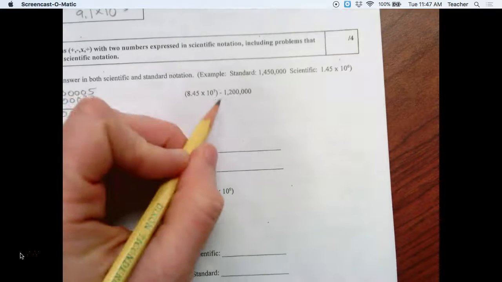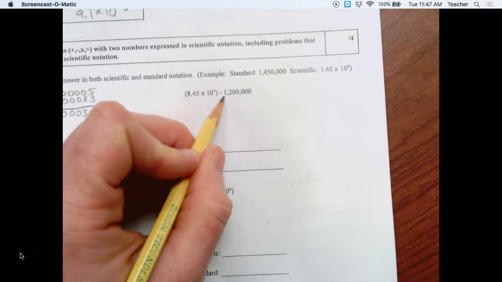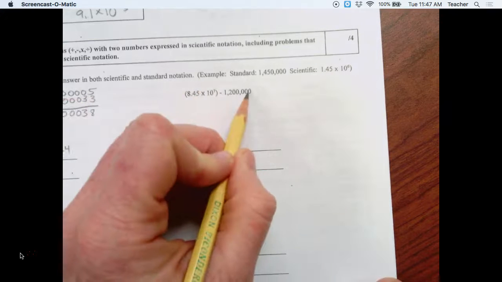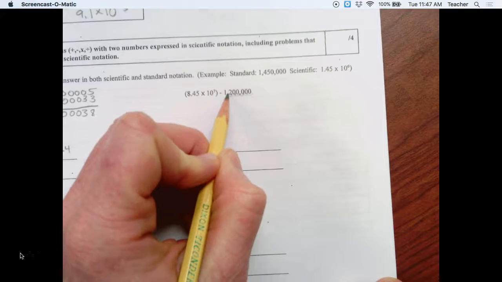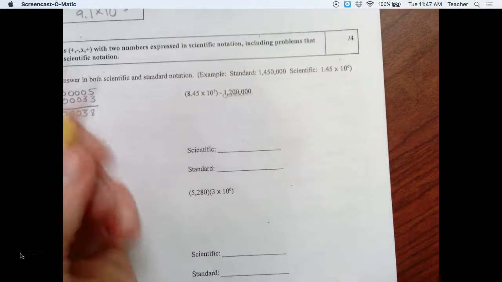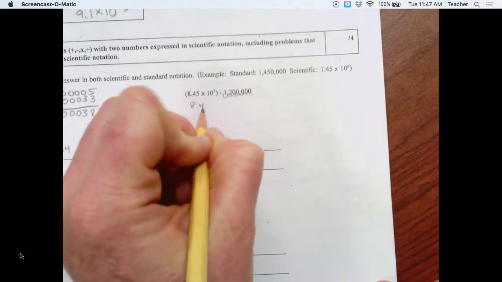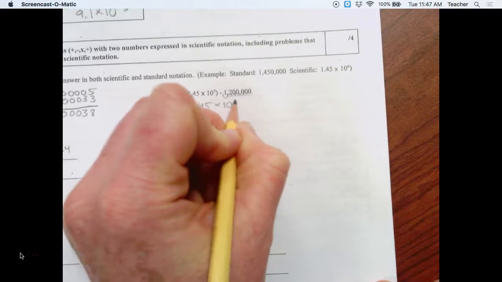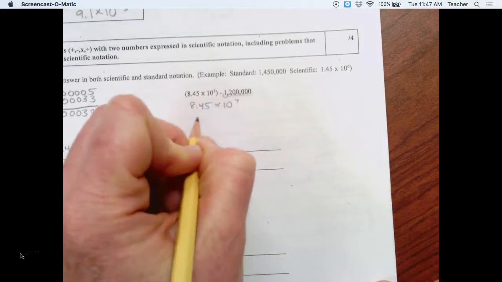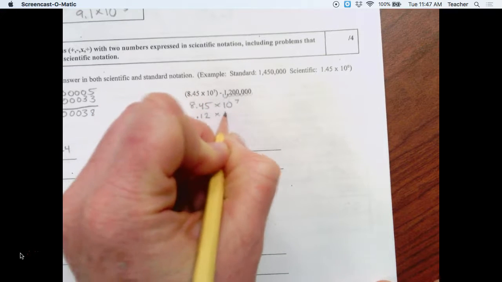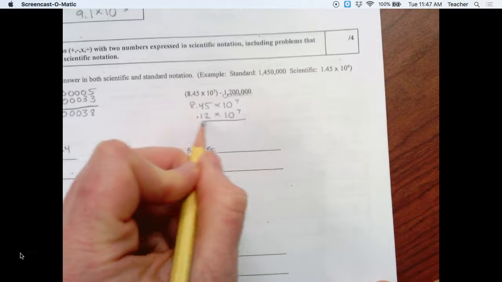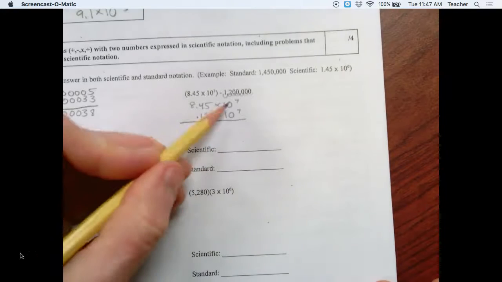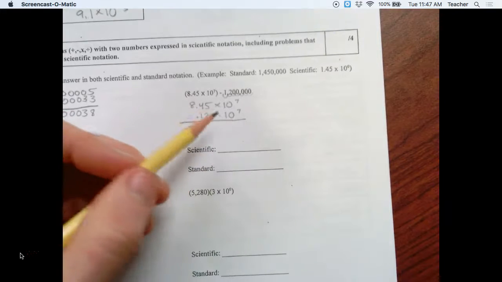Okay, I'm going to turn this into the 10 to the 7th power. So 1, 2, 3, 4, 5, 6, 7. So we have 8.45, 10 to the 7th. If I move this 7 places, it's 0.12. Okay, we have to make it to the same power of 10.